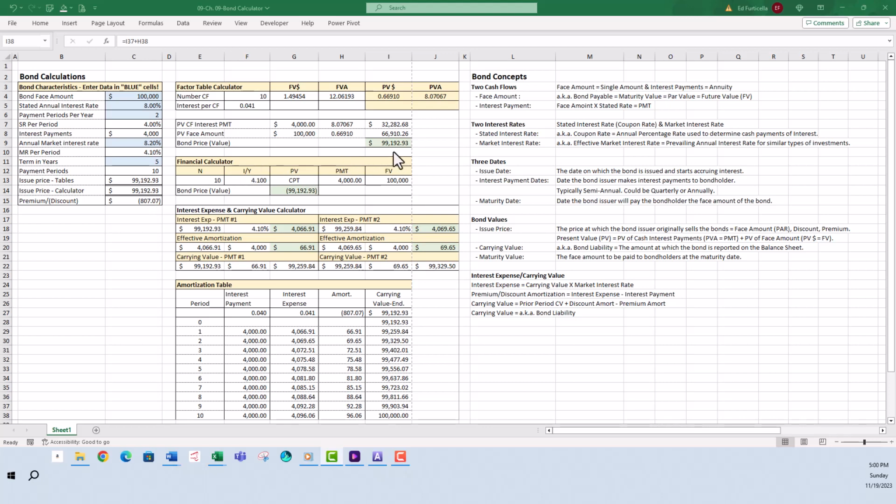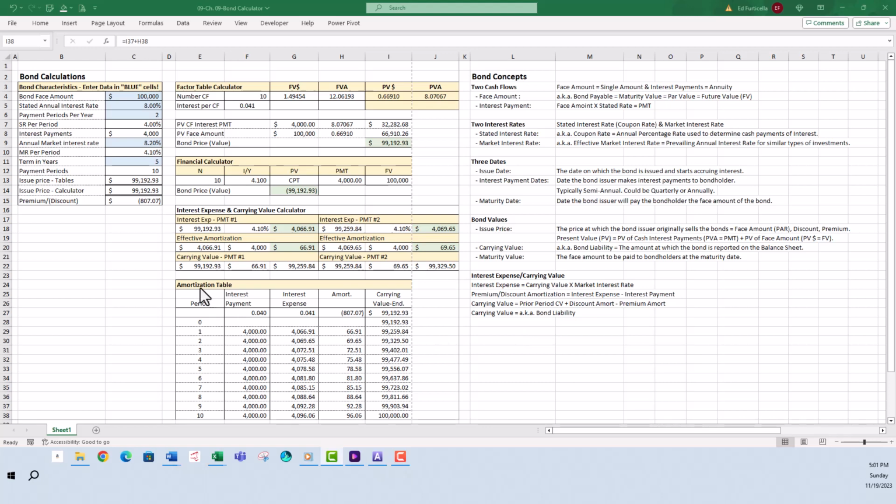Look at the interest expense calculations, the amortization amounts, and the carrying value amounts. The calculations are the same. The difference when it comes to amortizing a discount is that the discount is added back to the prior period carrying value. The reason why can be seen in the amortization table.